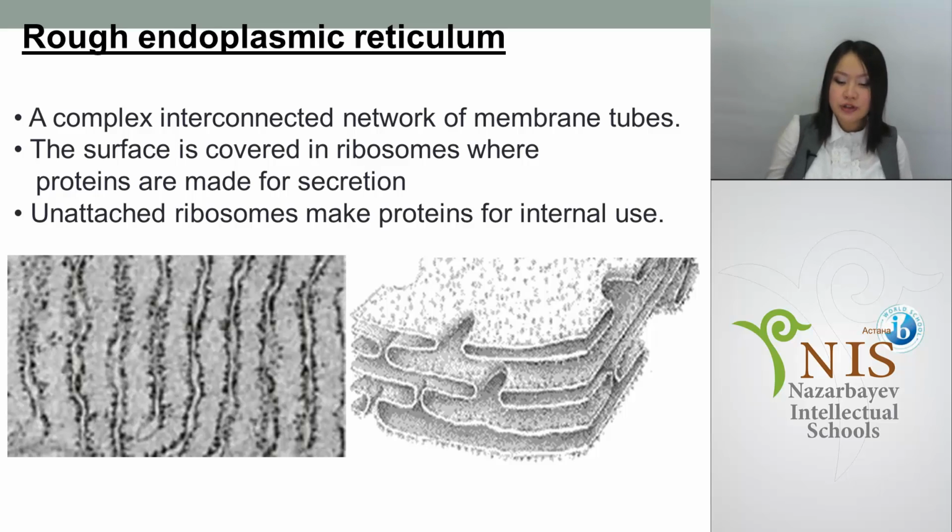But of course we could find ribosomes which are free in the cytoplasm. Those ones make protein for their own cell, not for neighbor cells.